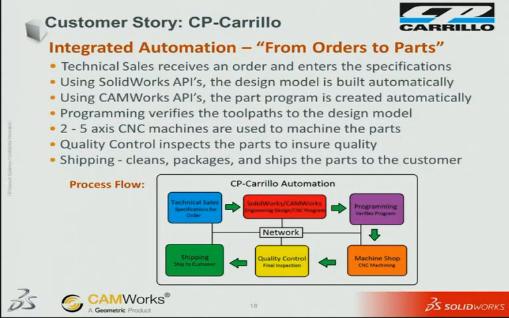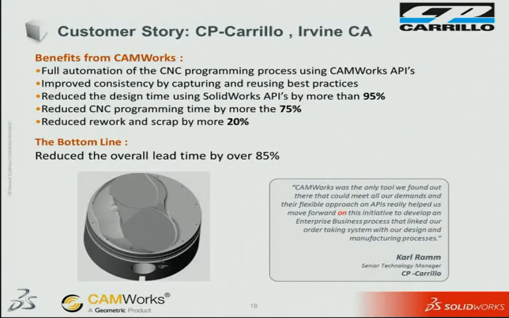So it's really awesome. Looking at the volume mill and the kind of feature recognition that CAMWorks has, and the power in the APIs that both SolidWorks and CAMWorks have, has enabled us to integrate this system literally from order to parts.